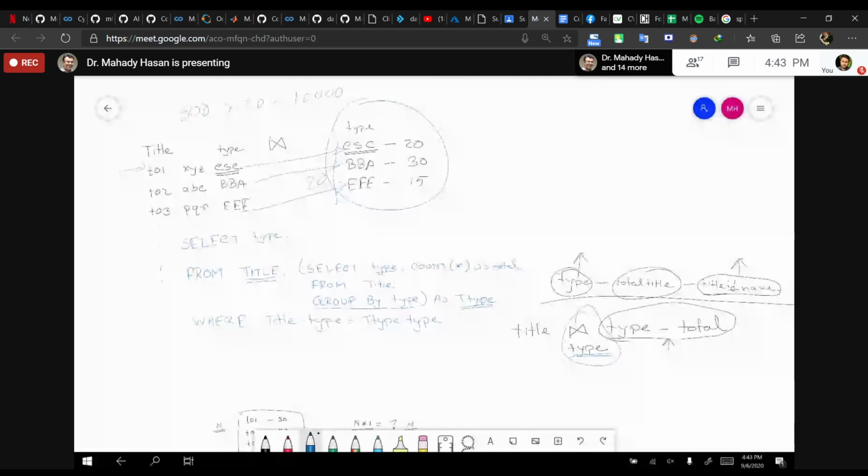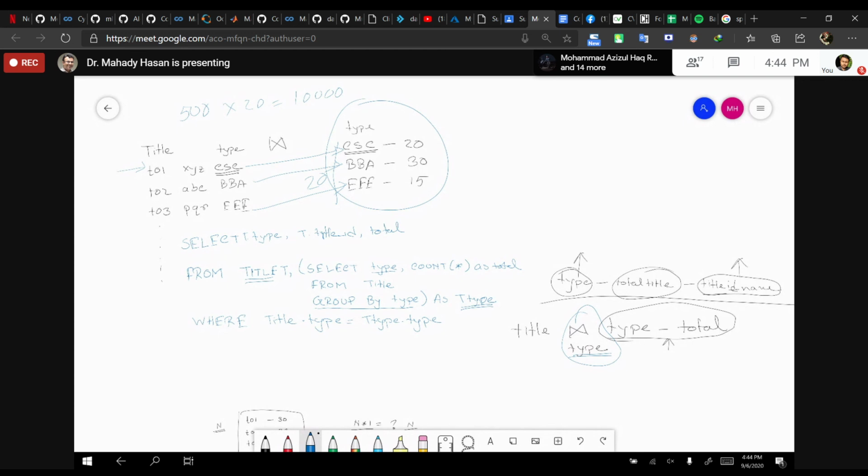Rest is, I believe, simple. I think sometimes we can keep it this way. We might not use as, so it should be T from title, then T dot title ID, comma, total. We can use all these.